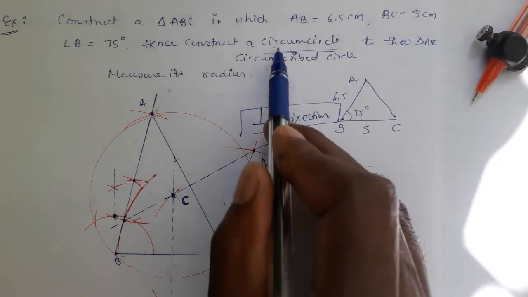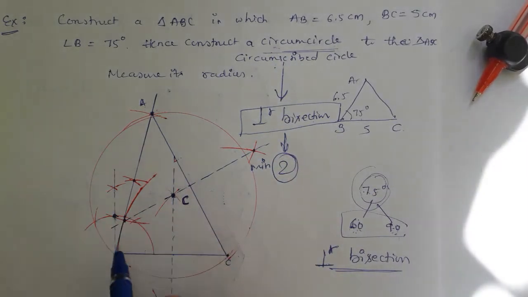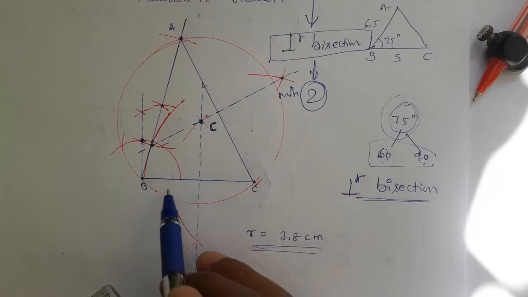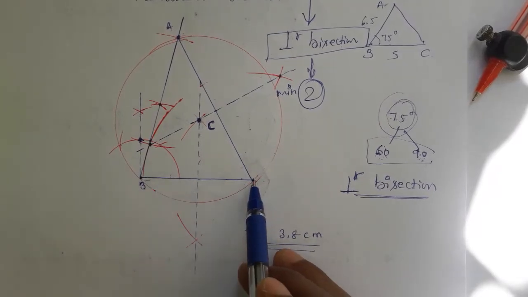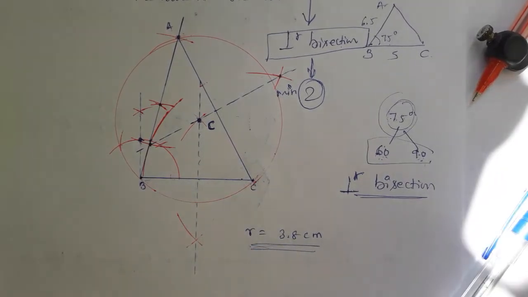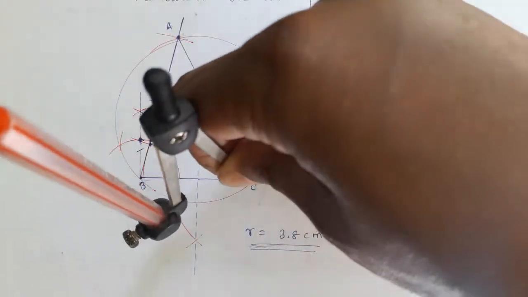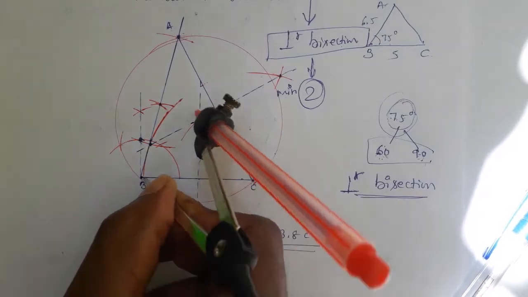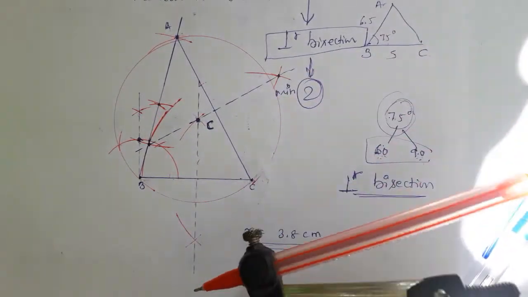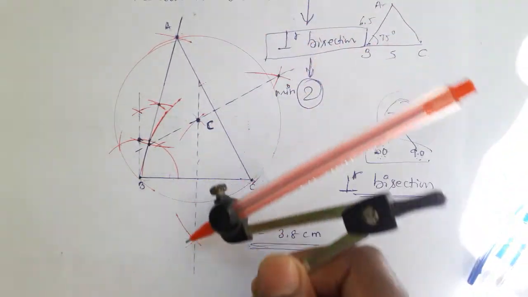In a triangle there are three sides. Take any two sides. I took the first side BC. For BC, take more than half, above one arc, below one arc. From B, the same measurement cut. Once you cut the two arcs above and below, join by dotted line.